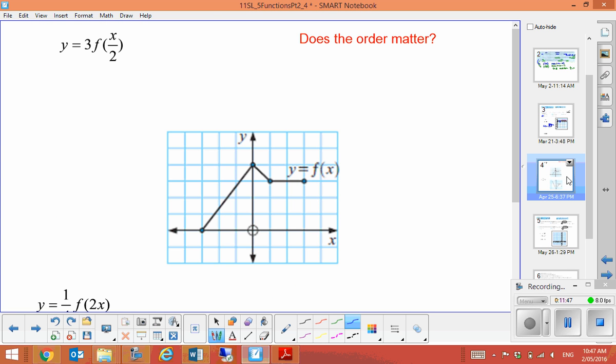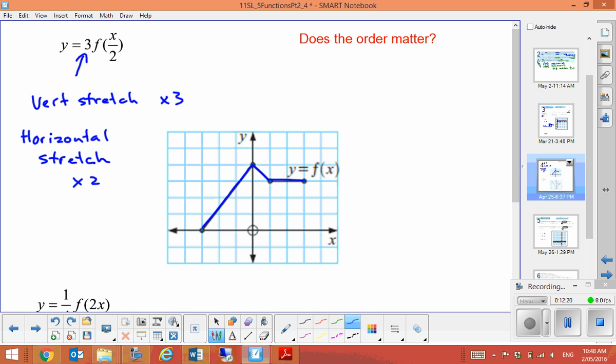And one other one here, I just wanted to quickly run through. If we've got this function here, with that sort of notation, 3f of x over 2. The 3 tells us we have a vertical stretch times 3. And a horizontal stretch times 2.